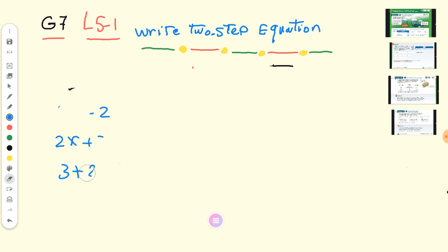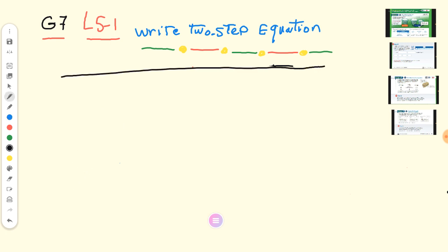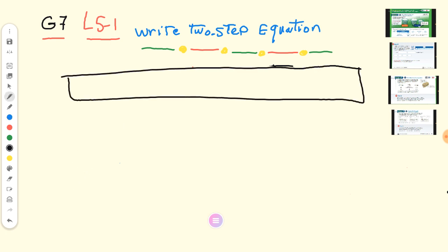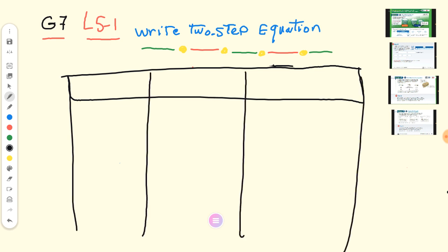We will have two columns here. One of them is expression, the other is equation.